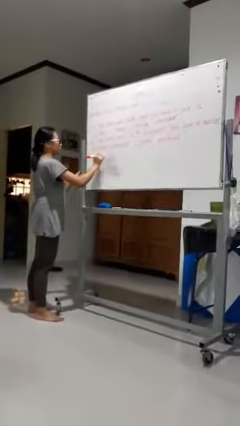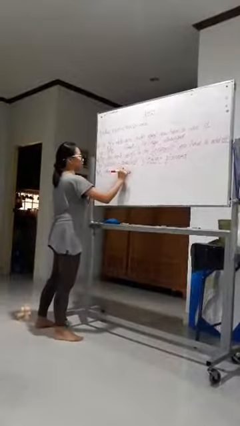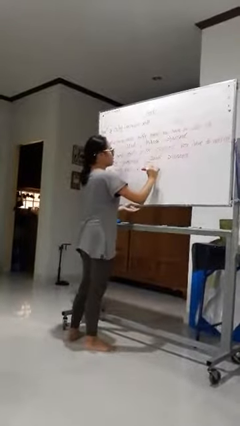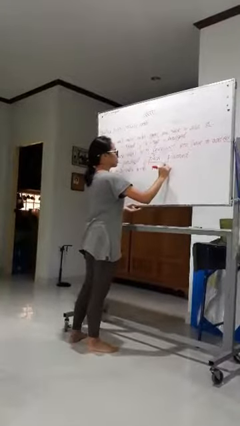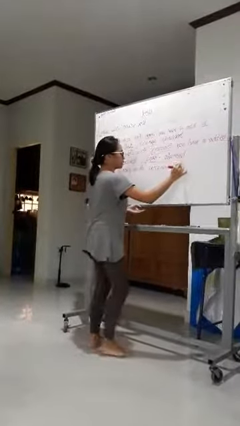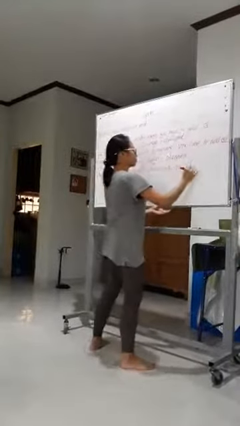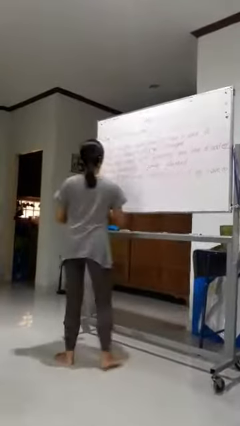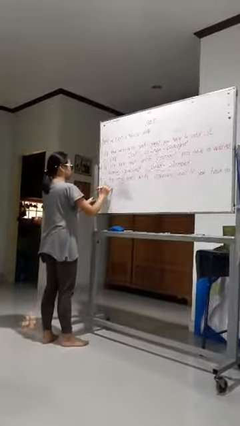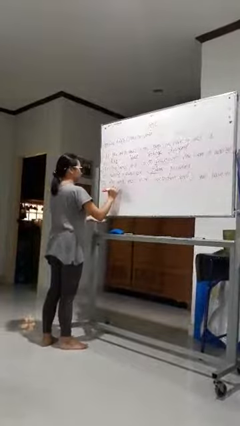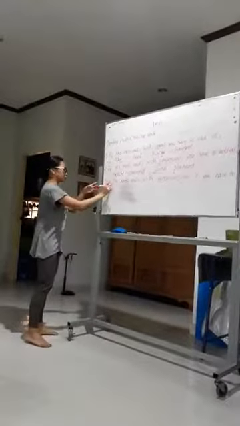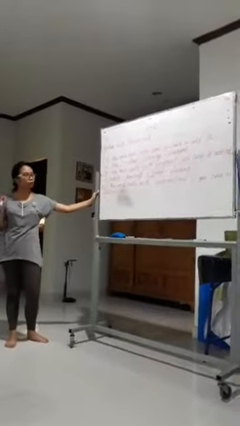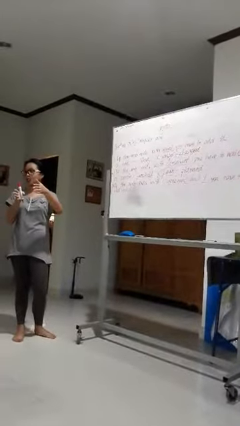Okay, now another example. If the verb ends with consonant and Y, so now we are going to look for consonant and Y in the ending of the word.